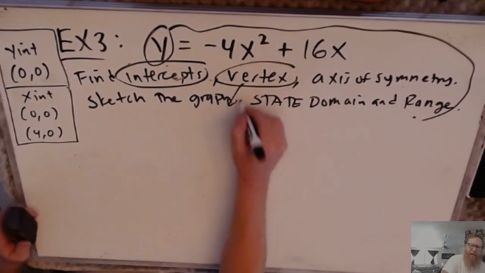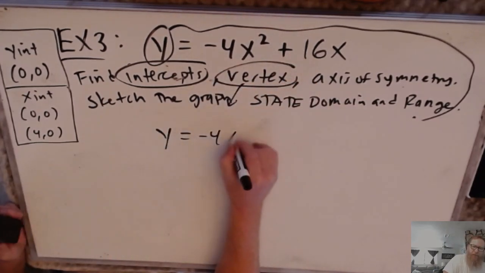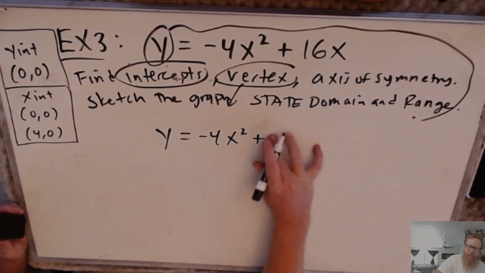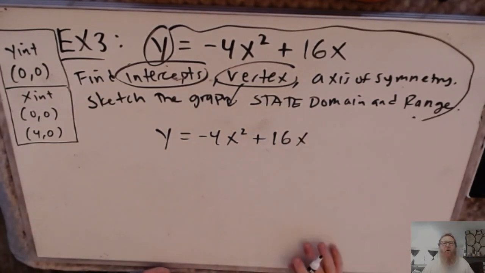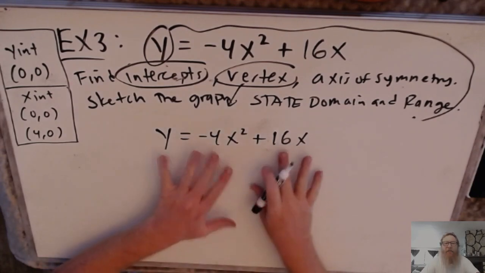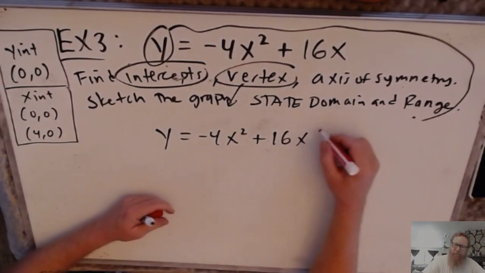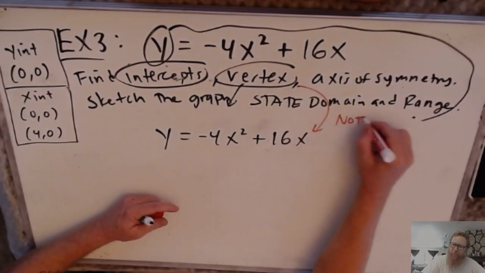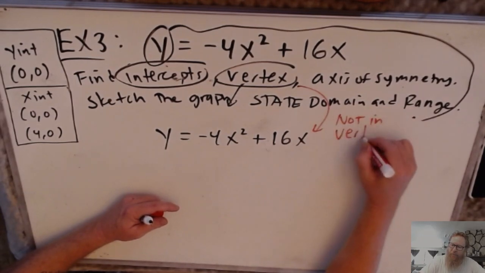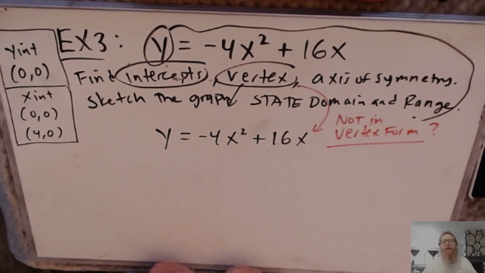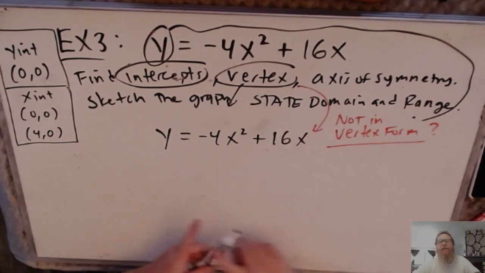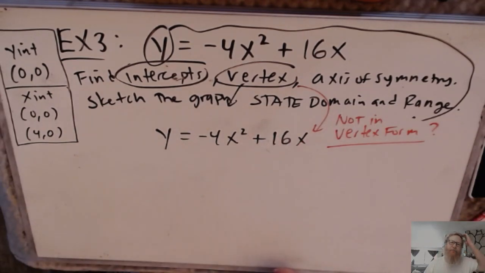So vertex. And we did this yesterday. So vertex form. This is not in vertex form. So we need to do a little bit of work to get this into vertex form.